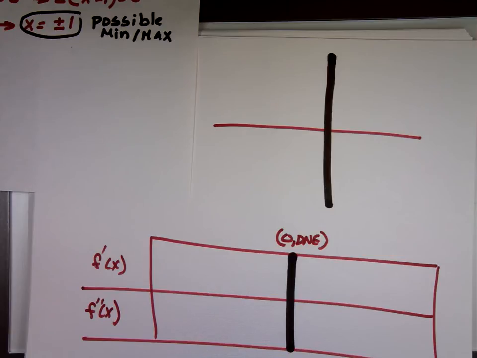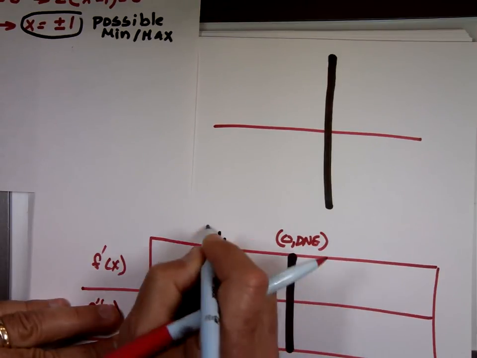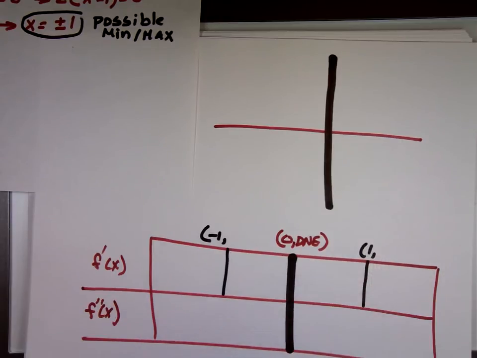I have two numbers we found out, and they are what? Minus 1 and 1. When x is minus 1, what's the y value? Let's find the y value first.